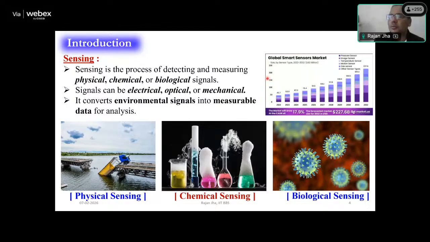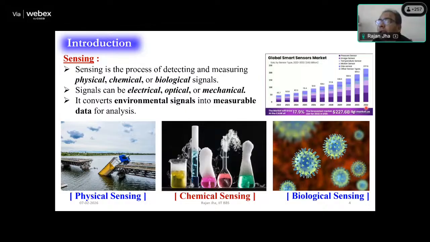This diagram shows how the global sensors market looks from 2022 to 2032. You see, it is some sort of exponential rise. The numbers you are seeing are close to around 230 billion US dollars, which is what is expected by 2032.